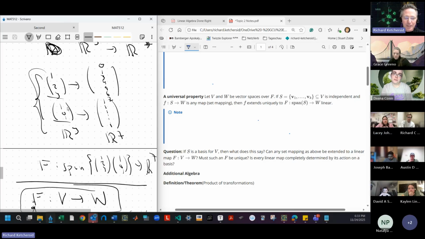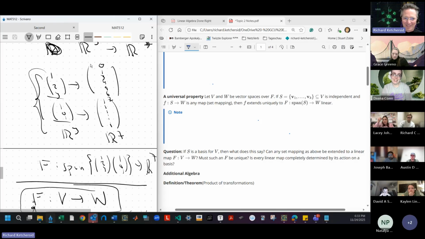And we extended this map from a plane to R7 in this sort of weird way, right? Can I extend this to a linear map from R3 to R7? Isn't that what we just proved?